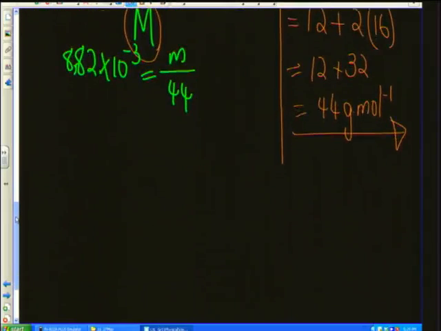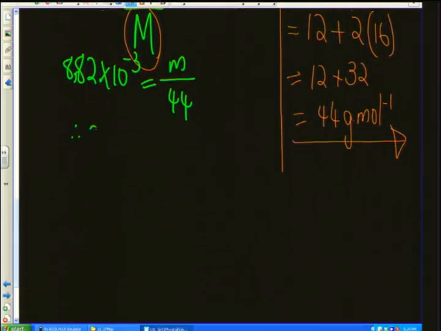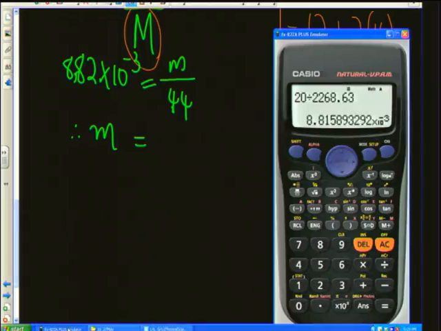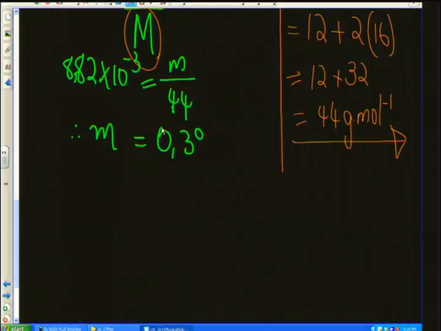Therefore, the mass of carbon dioxide will be equal to 44 times 8.82 by 10 to the power minus 3. I'll just multiply by 44, and what do I get? 0.39 grams. So that is the mass of carbon dioxide that I have in that container.